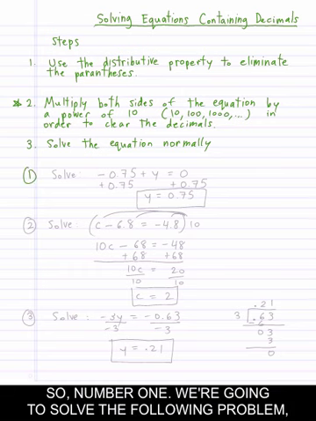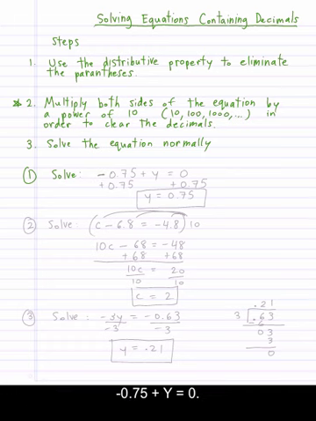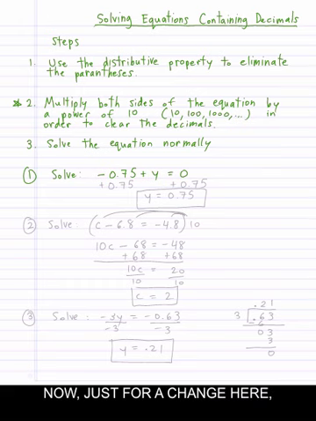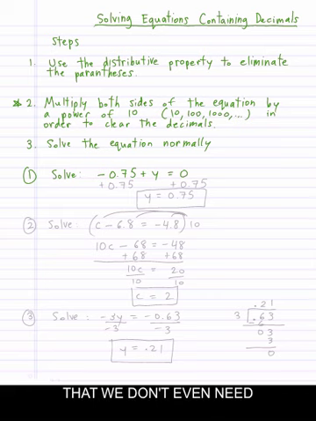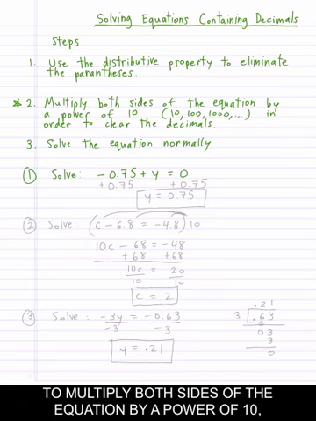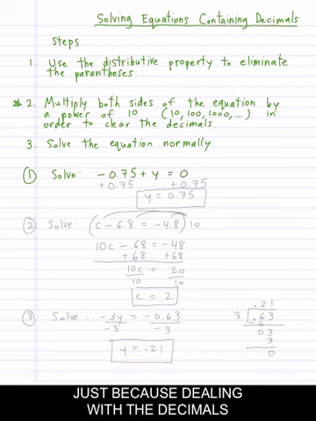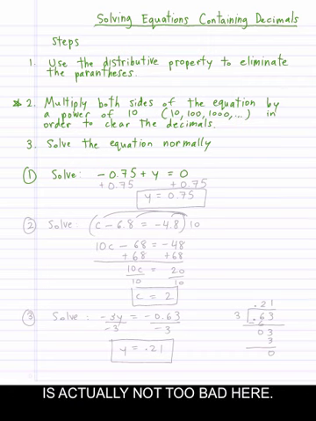So number 1, we're going to solve the following problem. Negative 0.75 plus y equals 0. Now, just for a change here, I'm going to show you that this one is actually so simple that we don't even need to multiply both sides of the equation by a power of 10, because dealing with the decimals is actually not too bad here.